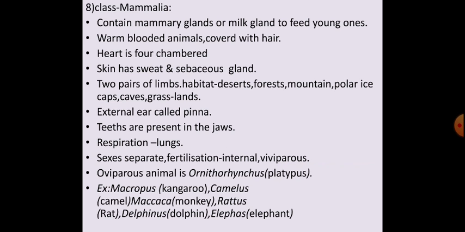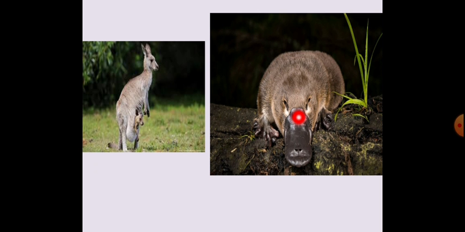Examples are kangaroo, scientific name Macropus; Camelus, camel; Macaca, monkey; Rattus, rat; Equus, horse; Pteropus, flying fox; Delphinus, dolphin; Balaenoptera, blue whale; Panthera leo, lion; Elephas, elephant. These all are mammals. You can study any two examples. But remember, Ornithorhynchus is a mammal, but it is an egg-laying mammal. Rest all mammals give birth to young ones.